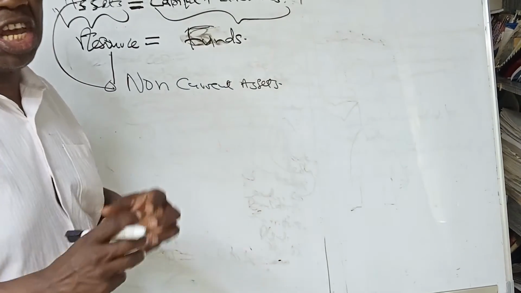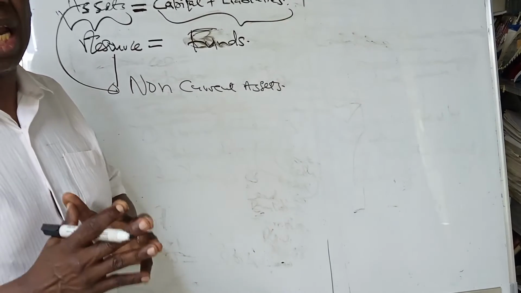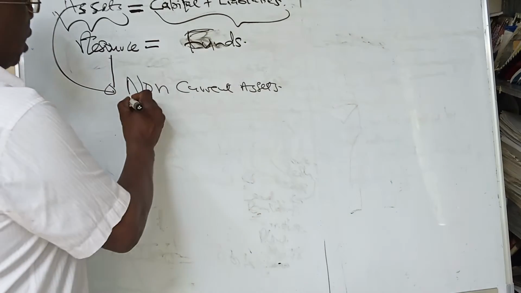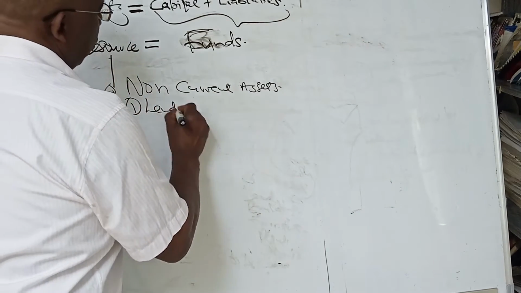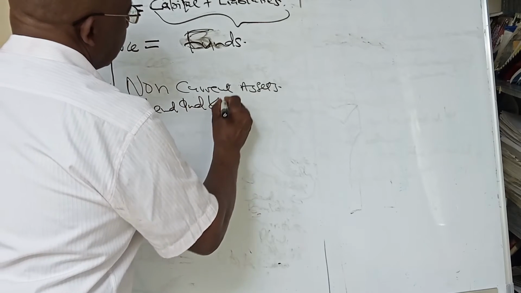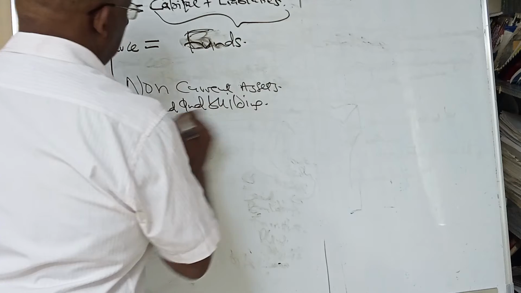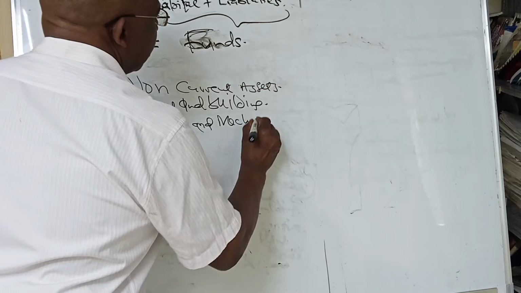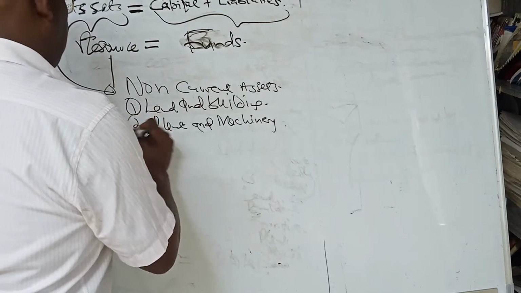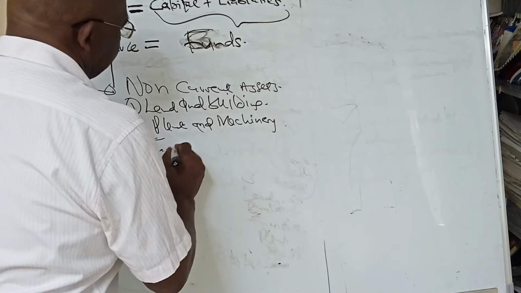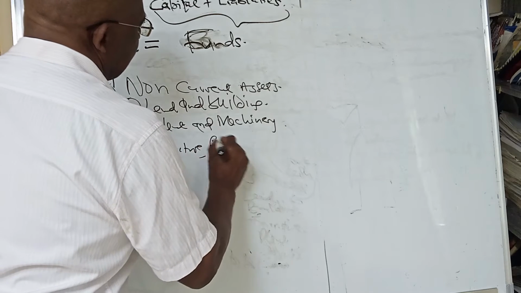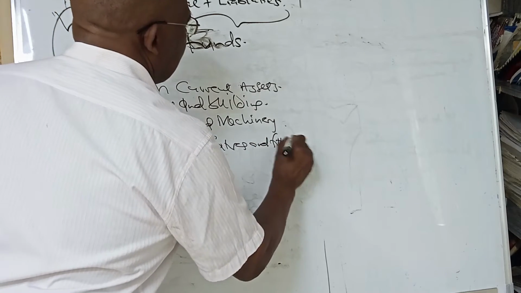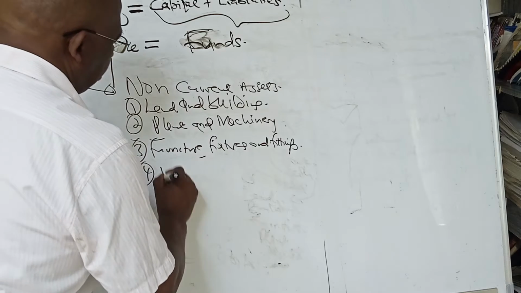These are assets that stay in the firm for more than 1 year, and they include, number one, land and building, plant and machinery, furniture, fixtures and fittings, and number 4, motor vehicles.